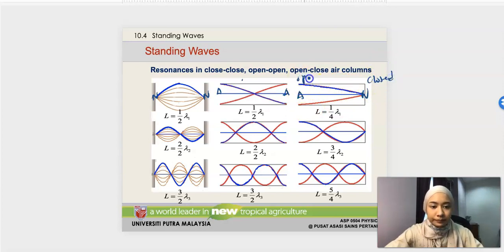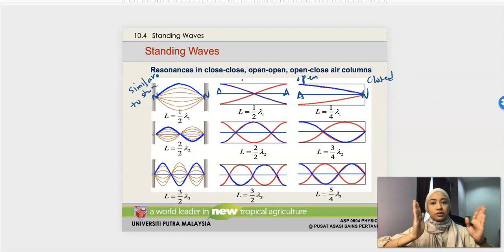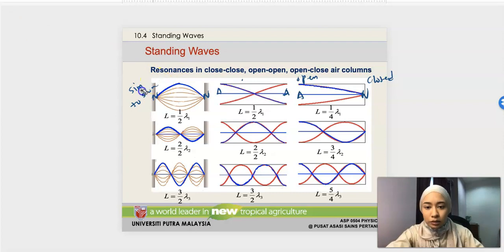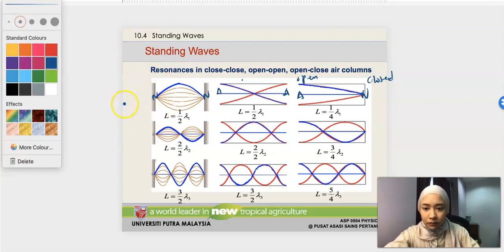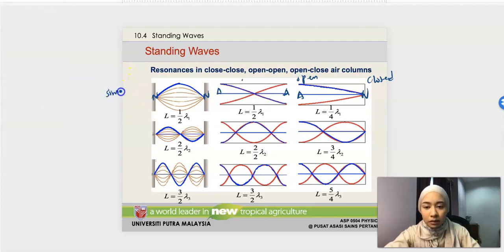This is open, right? So here they show you the L is 1/2, 2/2, 3/2. We discussed this earlier. This is the same as a string. Similar to a string, because a string is also closed at both ends, right? The movement of air is fixed at both ends. So this is why a closed air column has a similar pattern to a string.